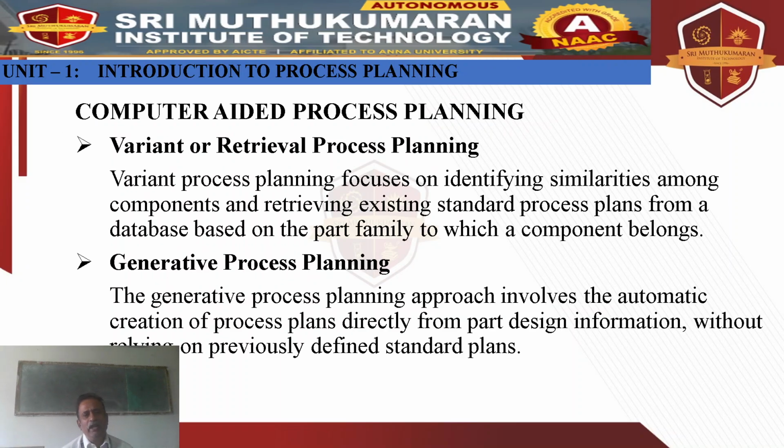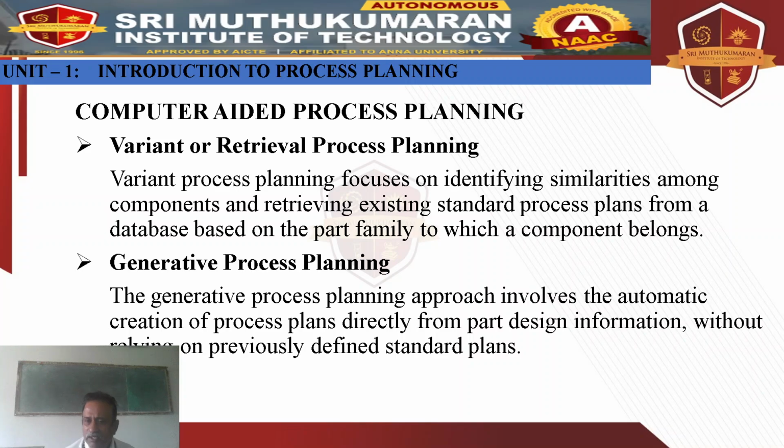So computer-aided process planning. There are two methods, as I told: variant or retrieval process planning, and generative process planning. Variant or retrieval process planning is focused on identifying similarities among components and retrieving existing standard process plans from a database based on the part family to which a component belongs.